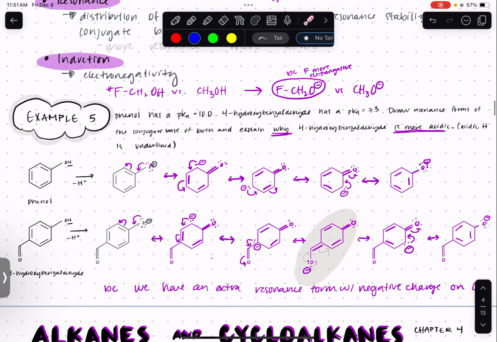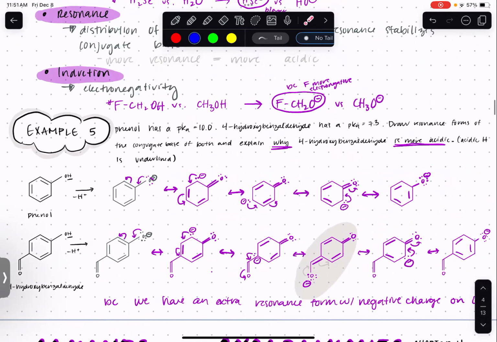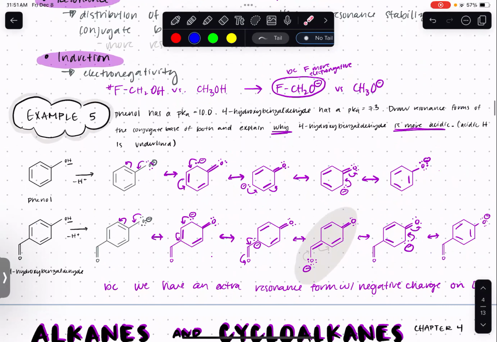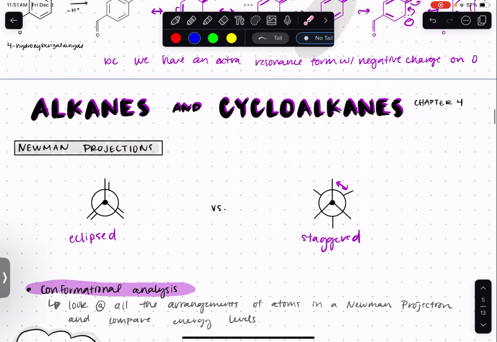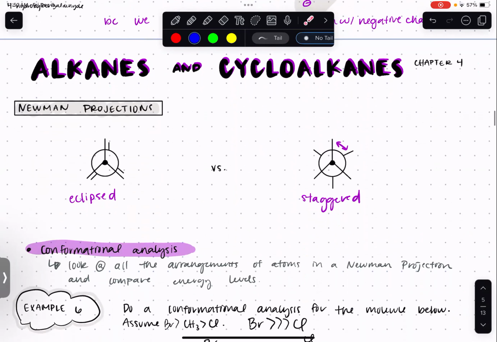Okay. So then we're going to move on to alkanes and cycloalkanes, which was chapter 4. A big part of this chapter was Newman projections. And the main thing I want to talk about with Newman projections is looking at eclipsed versus staggered.